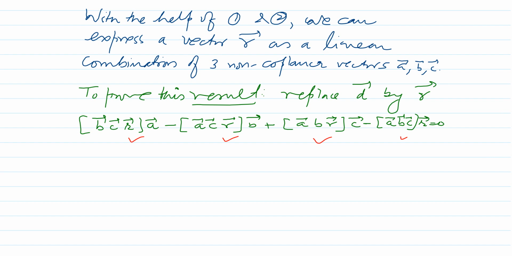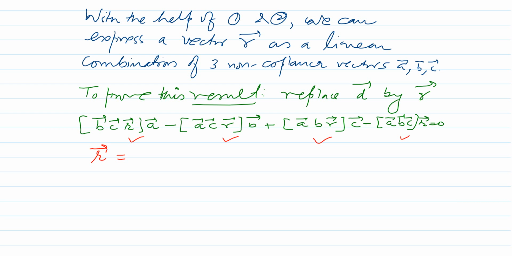So you can see in these four terms, R is only outside in the last one. So you can find the value of this R by bringing this in the left hand side and bringing all the terms in the right hand side.